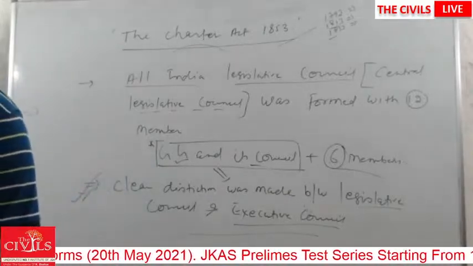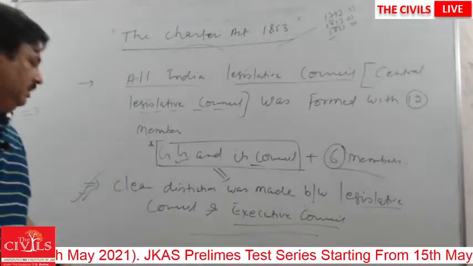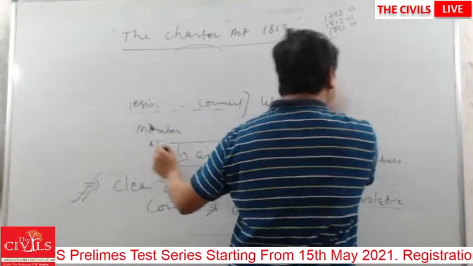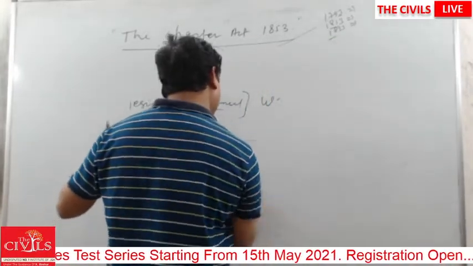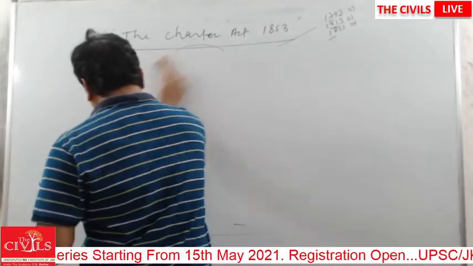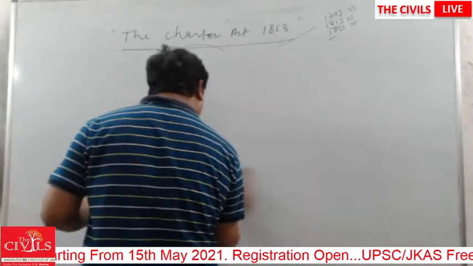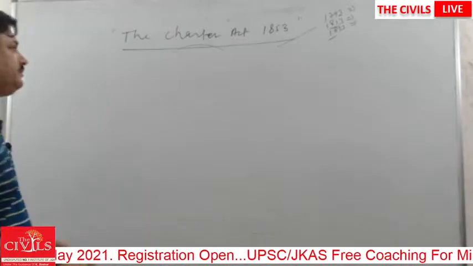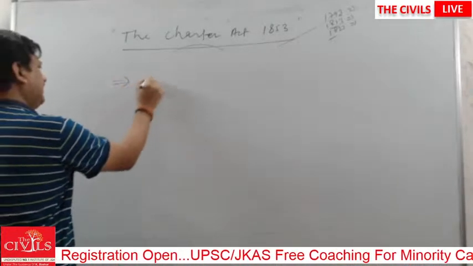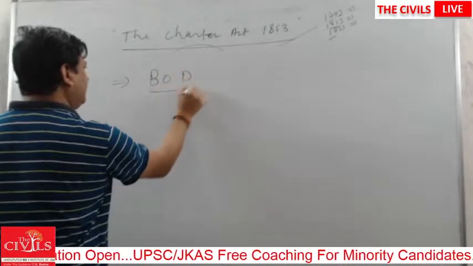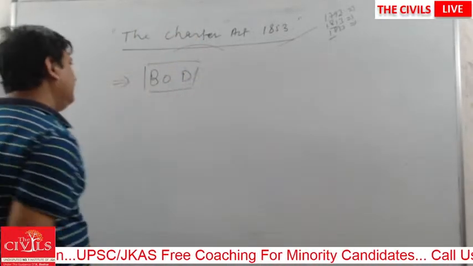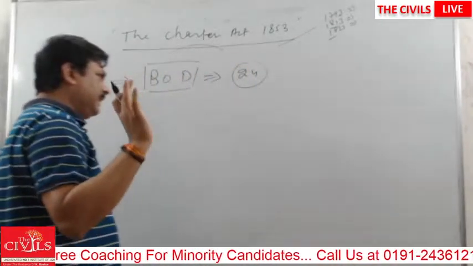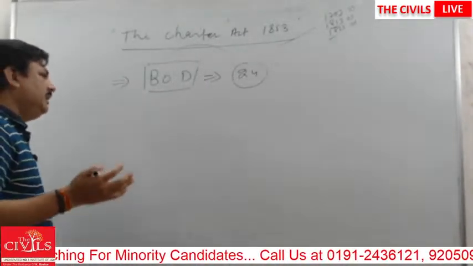Now, the next important point was the board of directors. We all know the board of directors was in Britain, and by the Regulating Act there were 24 members, appointed for 4 years.